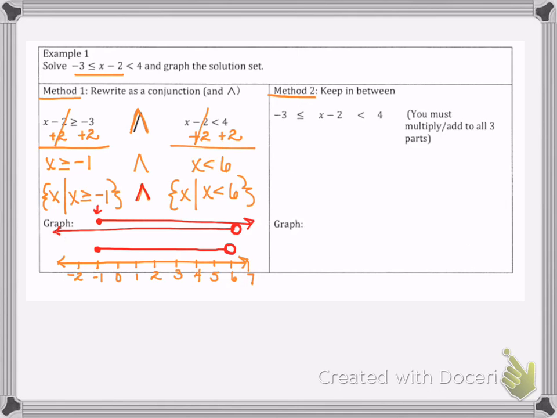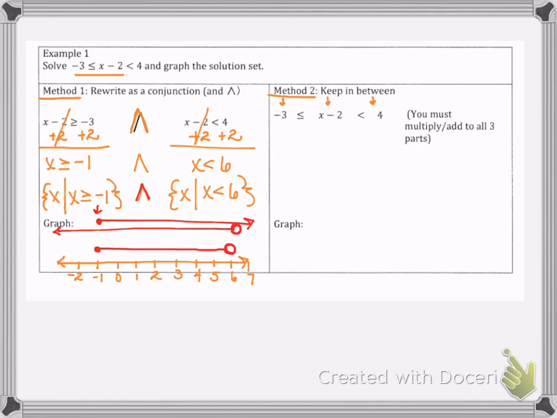Now for method 2, I'm going to do the same problem, but I'm going to keep it so that the x minus 2 is in the middle, and I'm going to solve it all in one set of steps. But you'll notice the hint to the side, you must multiply or add to all three parts. And all three parts, I mean on the left of this inequality symbol, in the middle, and to the right.